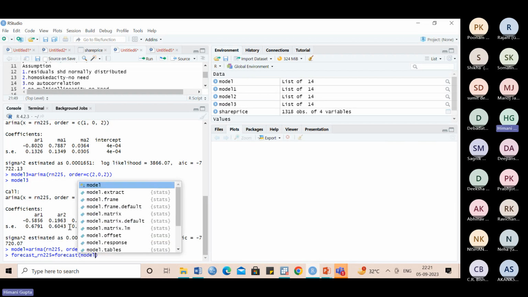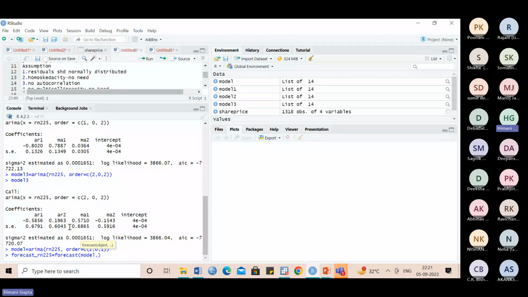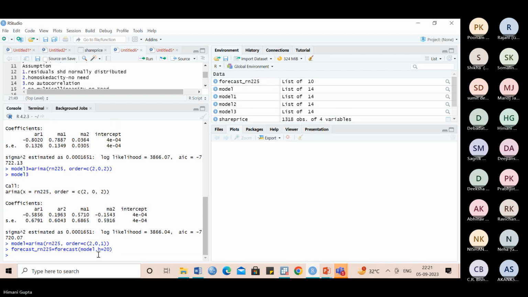Now I will write that model, that is the best model. For me, this is the best model, model 1, the model which I have given the name model. And I am saying h equals 20. Just predict the 20 terms.